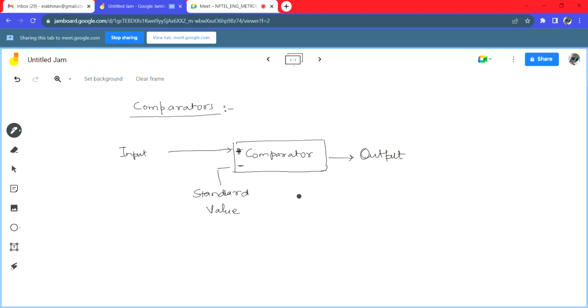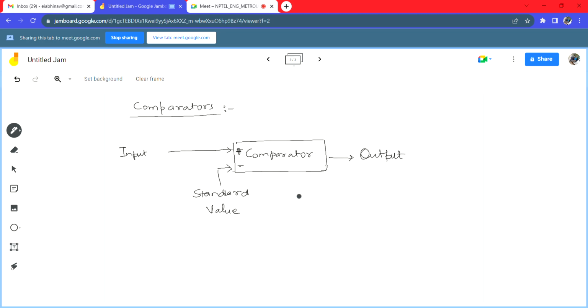If we want to understand what a comparator should be, a very simple block diagram can be represented in this form, wherein it receives an input signal and compares it. Now this minus sign that we have used here is not necessarily a subtraction, it is just the additive comparison of the standard value with respect to the input.